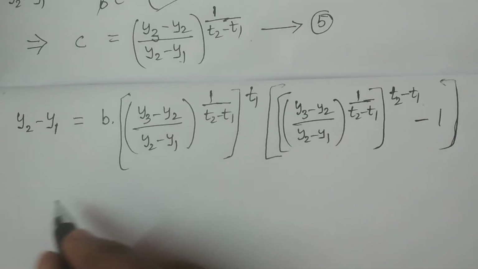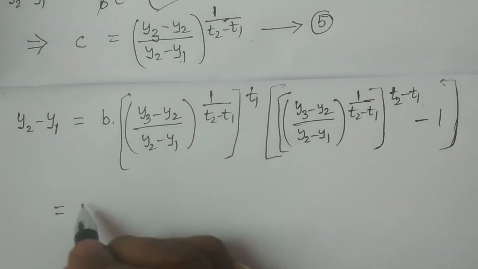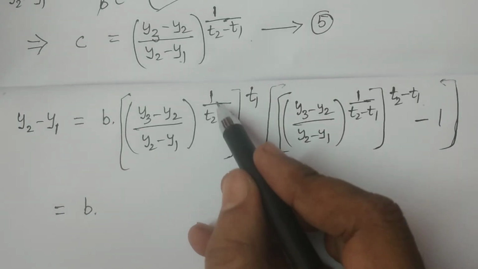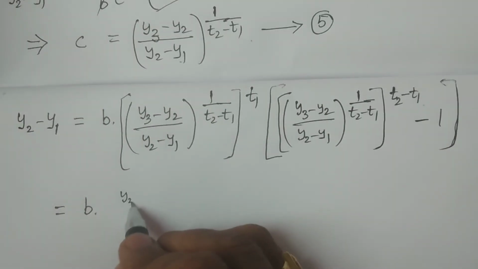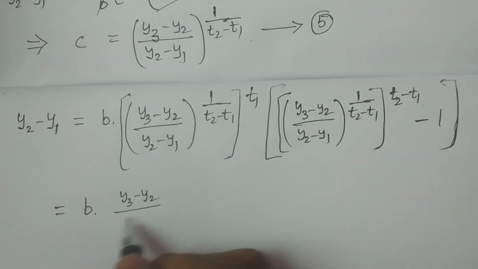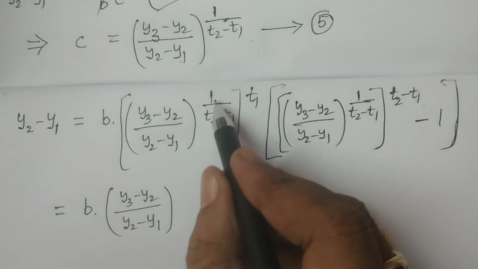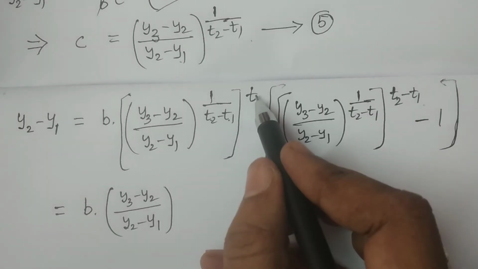Now you simplify. By simplifying this, it is equivalent to b multiplied by 1, y3 minus y2 divided by y2 minus y1 the whole power 1 by t2 minus t1 whole power t1.